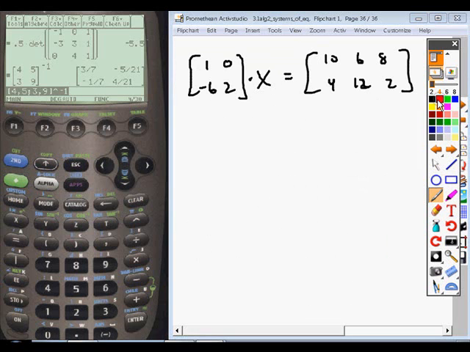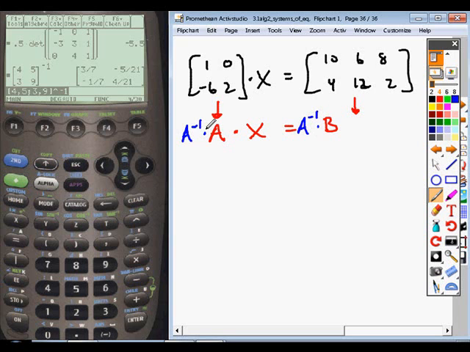So remember, this is a case where you need to think in terms of finding the inverse. So if you let this be A and this represent B, in order to isolate and solve for x here, you need to multiply both sides by the inverse of A, and you have to multiply it in the same order.